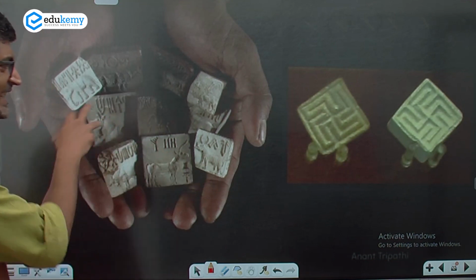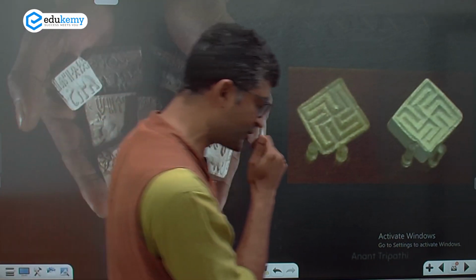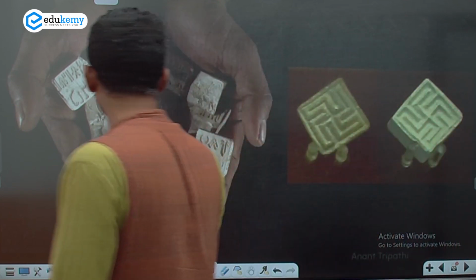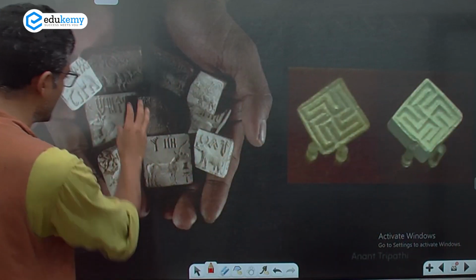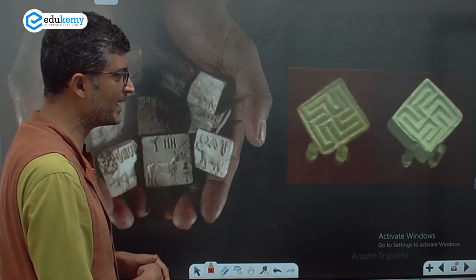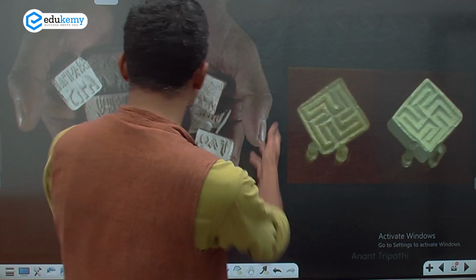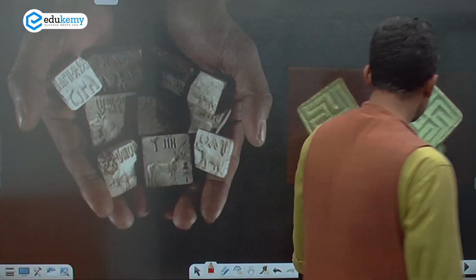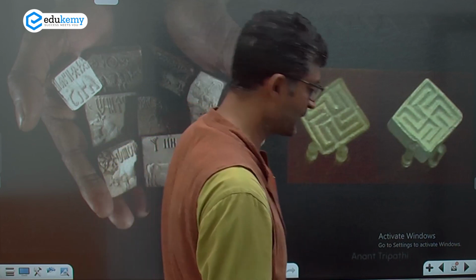These are Harappan seals. Just to close the discussion, I got this photo to give you an idea of how they look. This is the size of them, right? Very interesting. And they used all kinds of symbols, which are again very fascinating, isn't it? These seals may have had a role in trading as well.